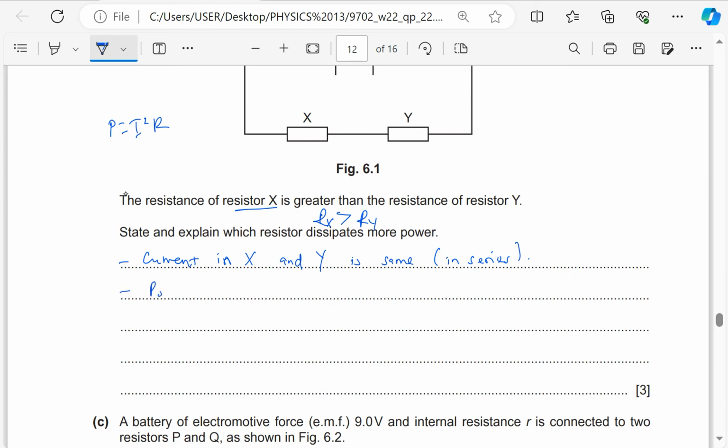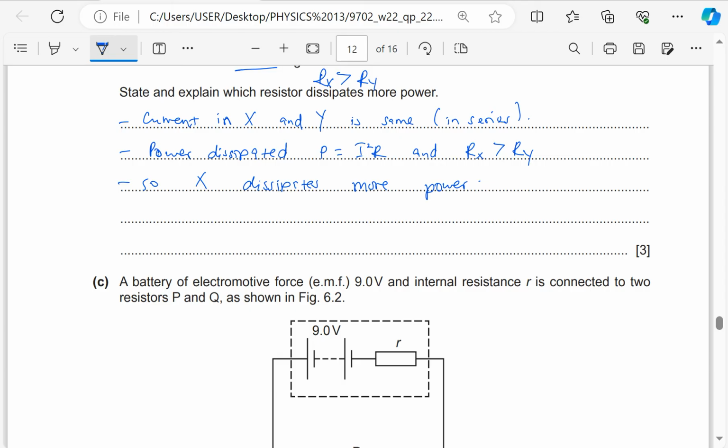But we also know that power dissipated P equals I squared times R. And remember, R for X is greater than R for Y. The current is the same, but R for X is greater than R for Y. That means X dissipates more power.